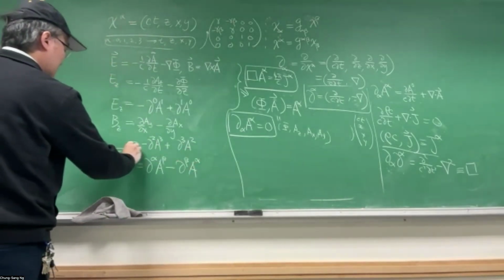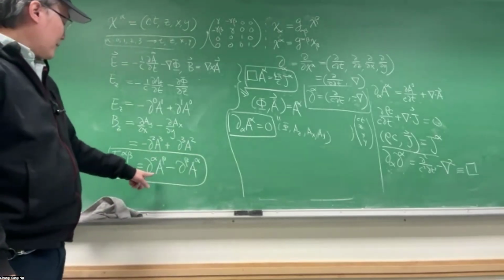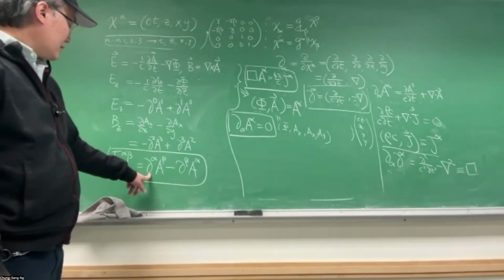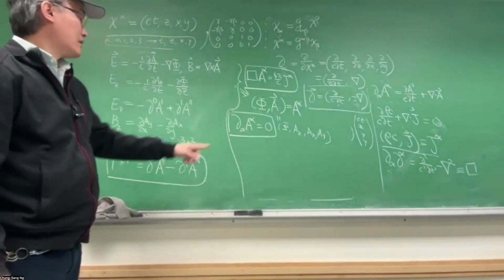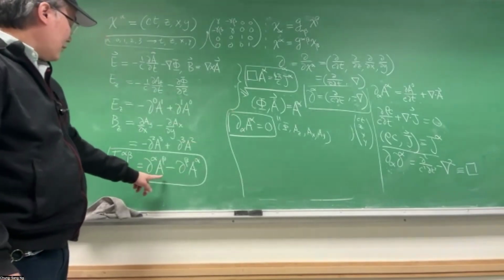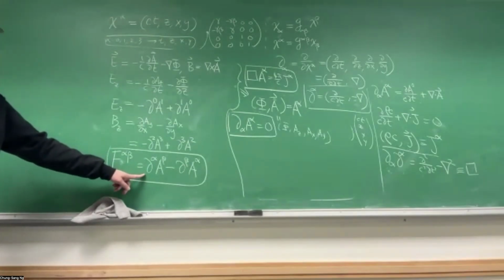Now we define that, and obviously, because both the gradient and A, this potential 4 vector, are 4 vectors, this combination is obviously also invariant with frame.